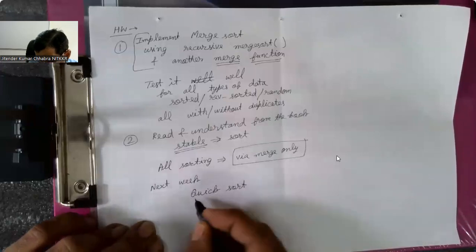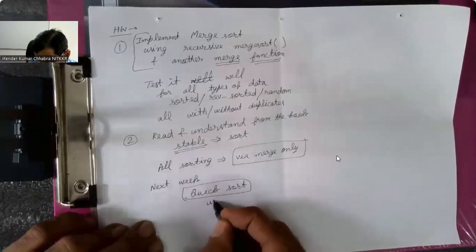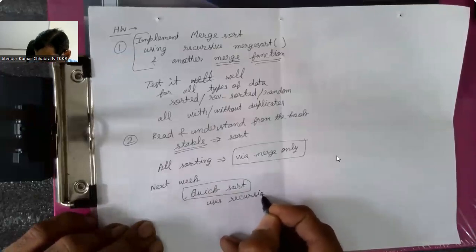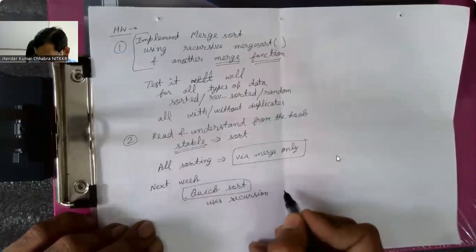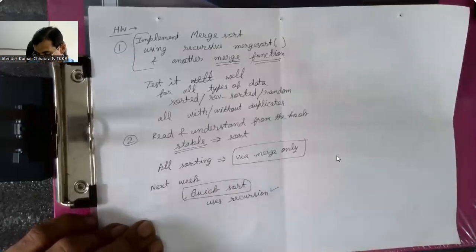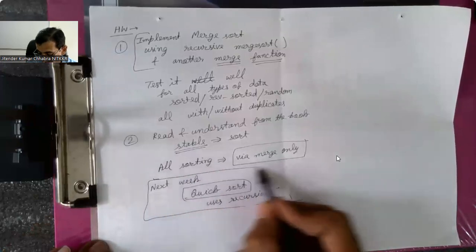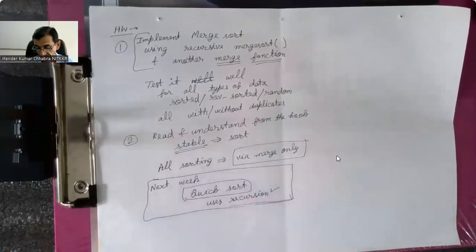And that will again use recursion. So the recursion concept should be clear and recursion programming should be understood. So we will be reusing recursion again. So prepare well and you should understand the working of merge sort as well as recursion in a good way. Bye-bye. All the best to all of you.